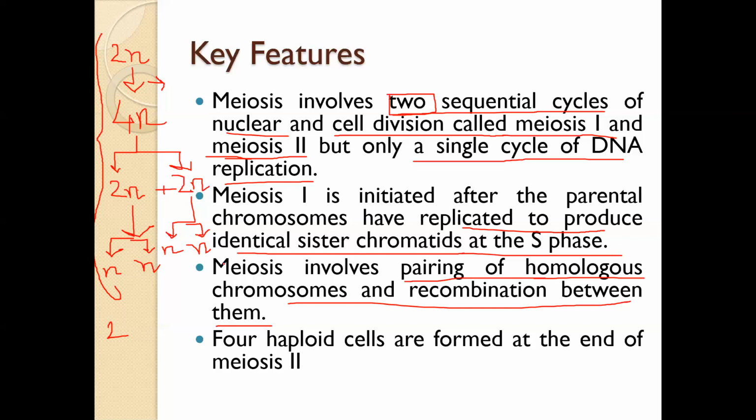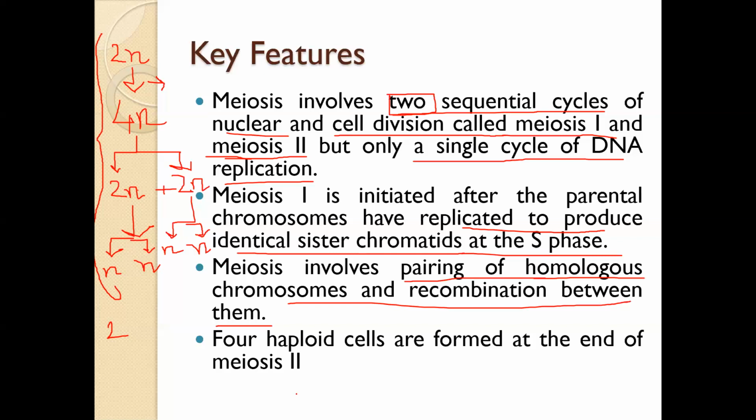It's a probability. We will study the probability part in genetics in our future classes. But in the case of meiosis, this recombination ensures the mixing of the features within the parent chromosome.